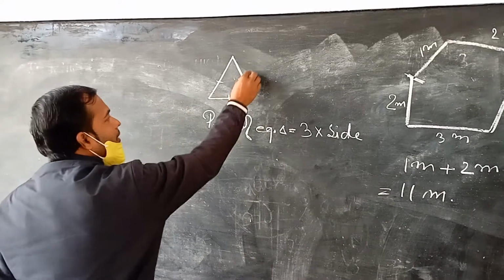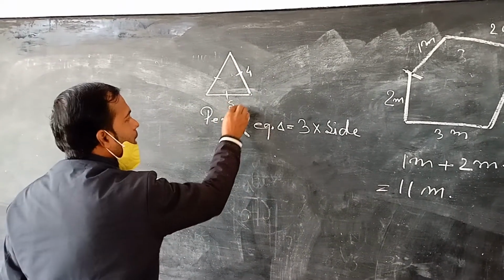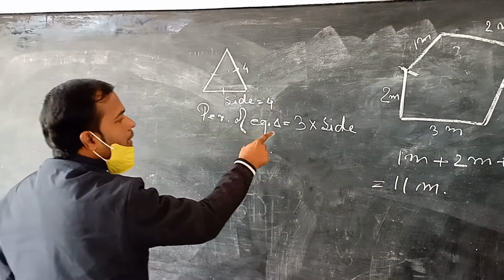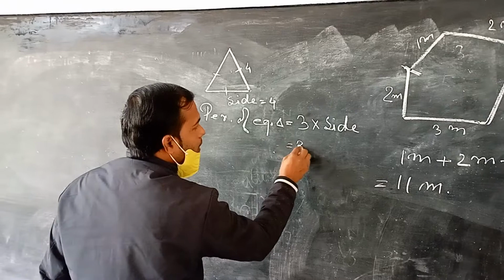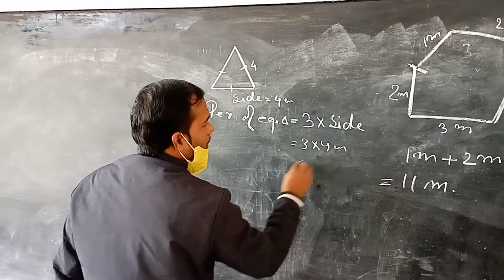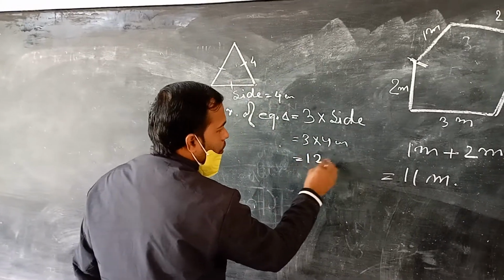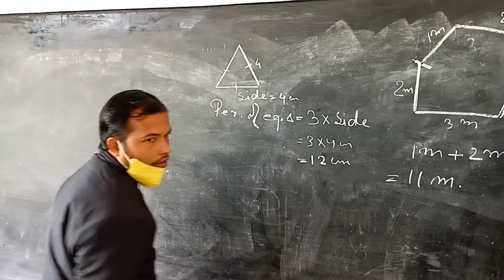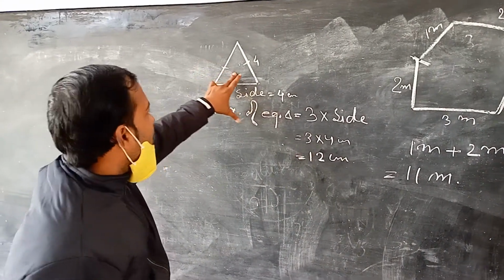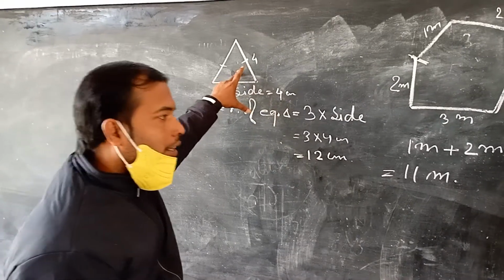Suppose side is given 4 centimeter, then perimeter is 3 into 4, which is 12 centimeter. This is called an equilateral triangle, where all sides are equal.